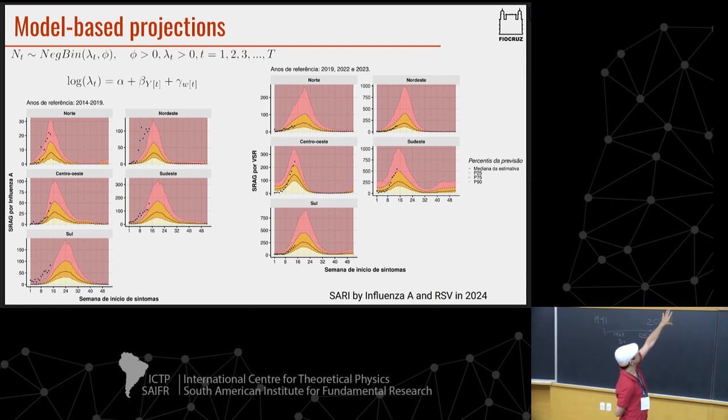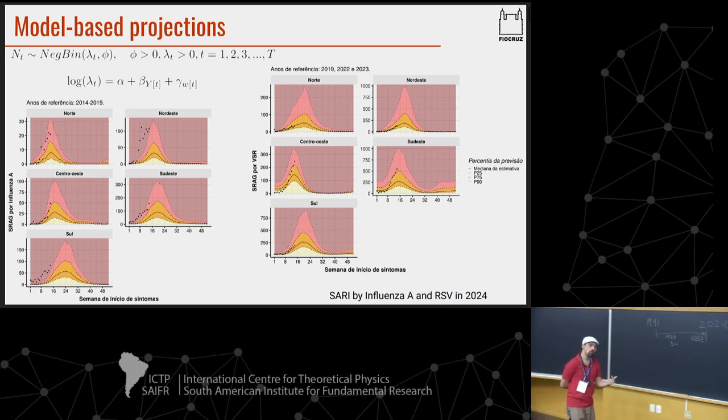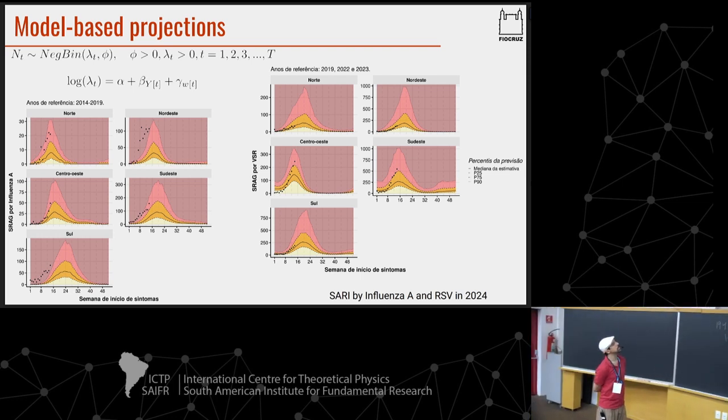We have more than 750 new weekly cases for the south in terms of RSV. And for influenza A, there are about 150. Okay? So volume is different.